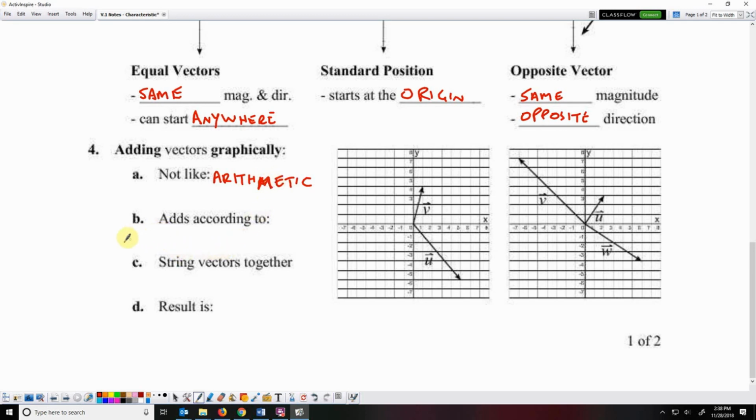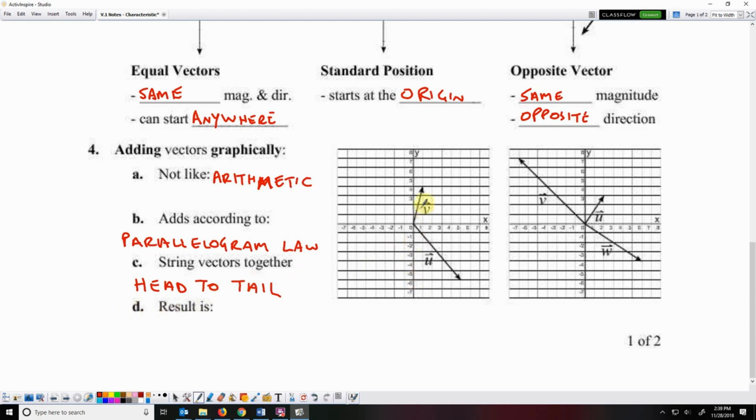It adds according to what's called the Parallelogram Law. And according to the Parallelogram Law, we can string vectors together head to tail. And we'll put in a description for the result after we actually do one.